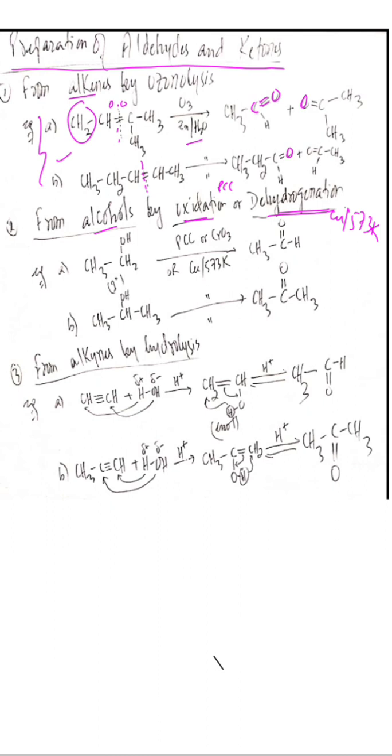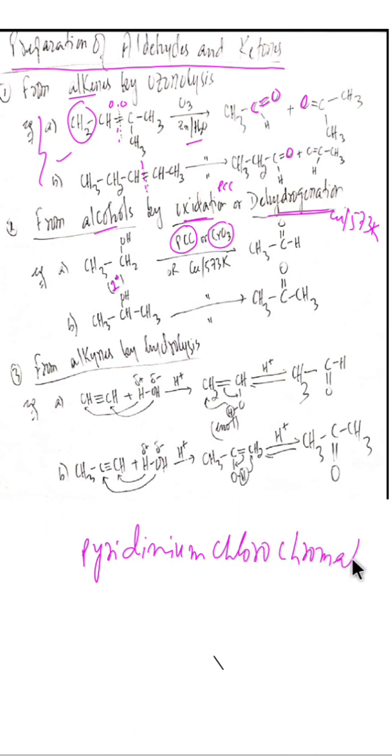Okay, the first example I am taking here is ethanol, which is a primary alcohol. This is a 1 degree alcohol, and if this 1 degree alcohol is reacted with PCC or CrO3, PCC is pyridinium chlorochromate. This is a weak oxidizing agent, and this is the best oxidizing agent to convert alcohol to aldehyde.